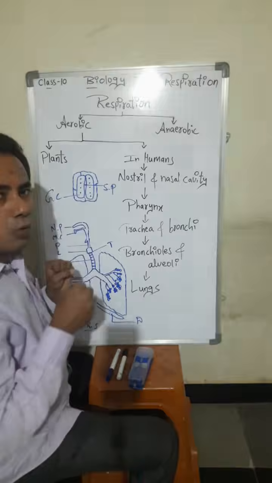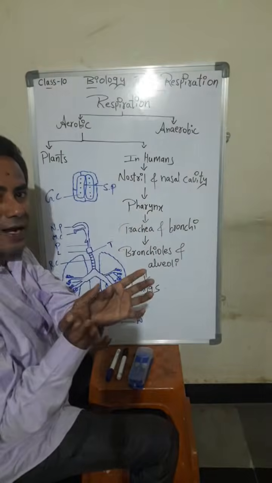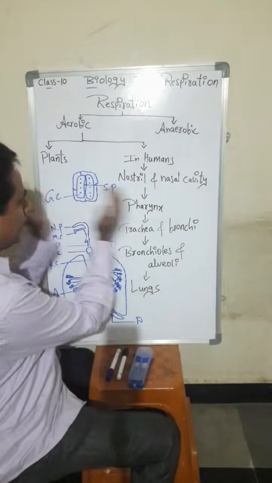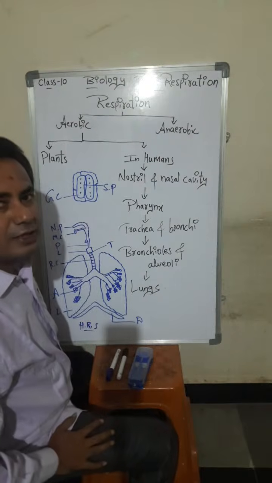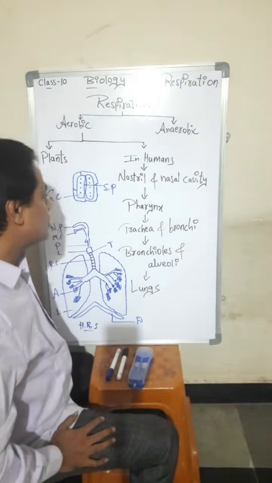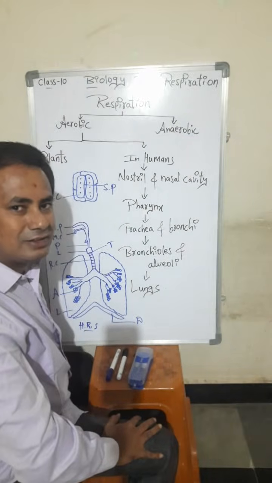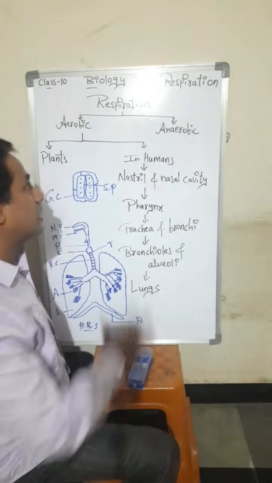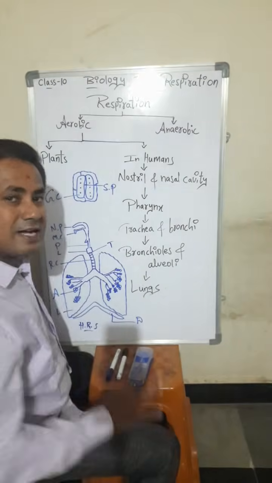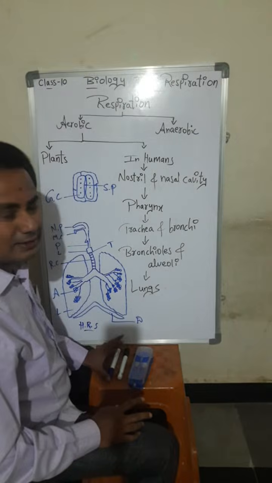When they get water, the guard cells become enlarged, they swell and they open. The stomatal pore will become big, and here exchange of gases will take place. So through the stomata, plants respire. Fine. Now you have understood how respiration takes place in plants, and it is aerobic respiration in the presence of oxygen.